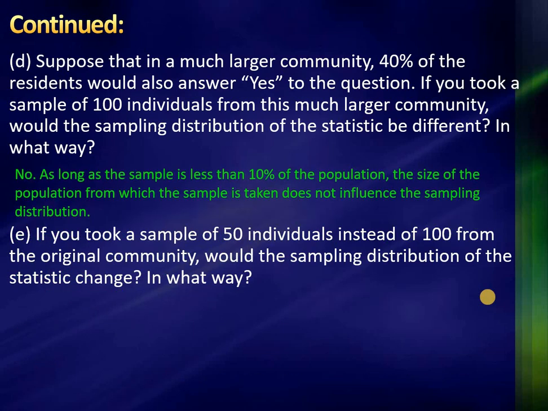Absolutely. Shouldn't change a darn thing. As long as the sample that we take here, which is still the 100, it shouldn't affect the sampling distribution at all, as long as we stay under that 10% mark. But hey, if my original sample was okay, and now my population is larger, my sample should still be okay.